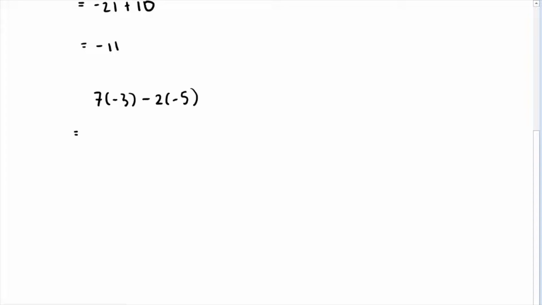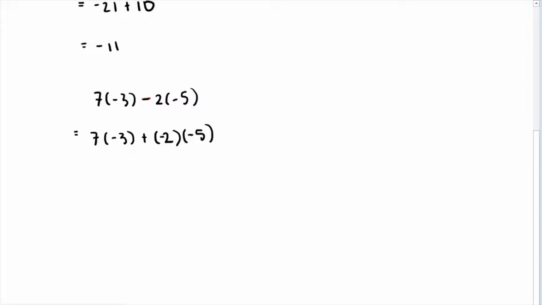I can rewrite this as we saw earlier, we can rewrite subtraction as adding the opposite of the next quantity, right? So here, I'm not performing order of operations any differently, I'm just translating my expression before I actually perform any of the operations. I'm going to rewrite this minus 2 times negative 5. I'm going to rewrite that as adding the opposite of 2. So this is going to be negative 2 times negative 5.